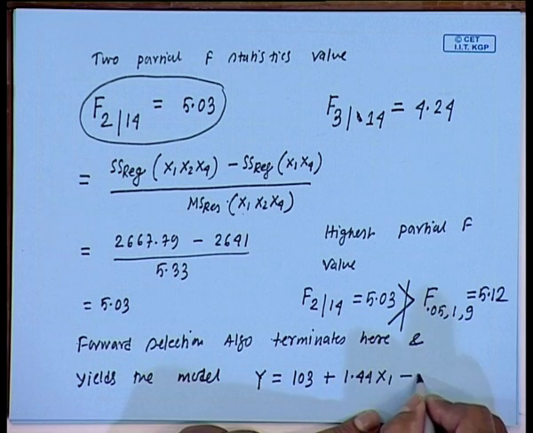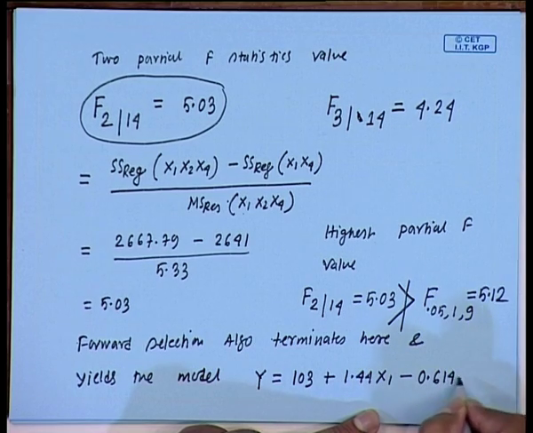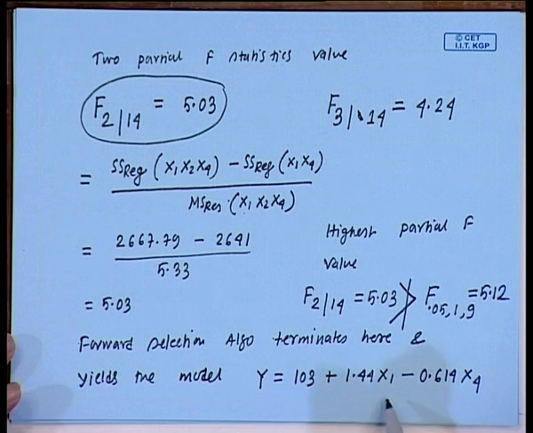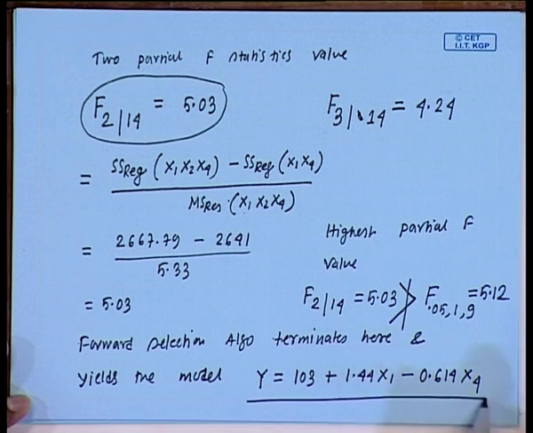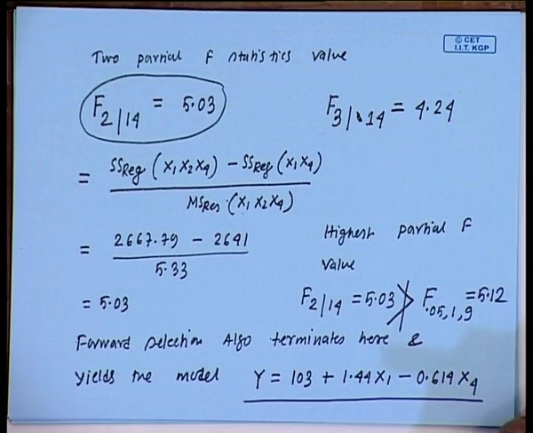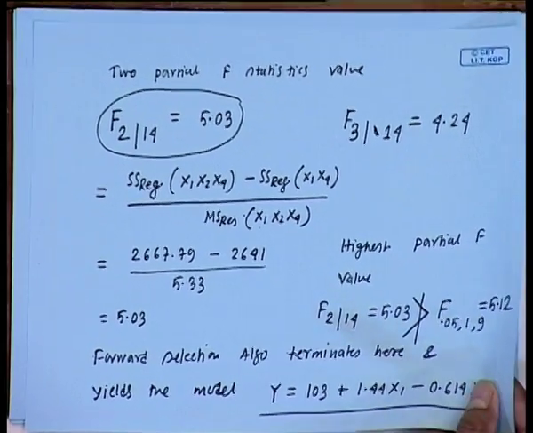Basically, what I want to say by this is that the final model involves x1 and x4. Well, so this is the output of forward selection, and next we move to stepwise selection, right.